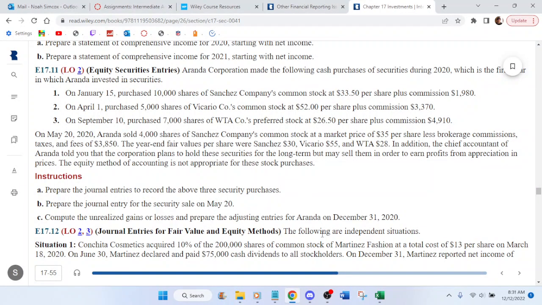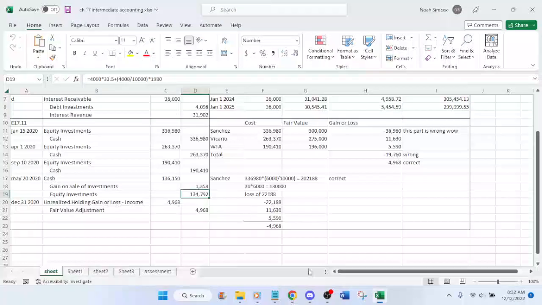Okay, so you have your original amount. What did it say? We have fair value per share. You originally purchased Sanchez. Your original amount for Sanchez was this.